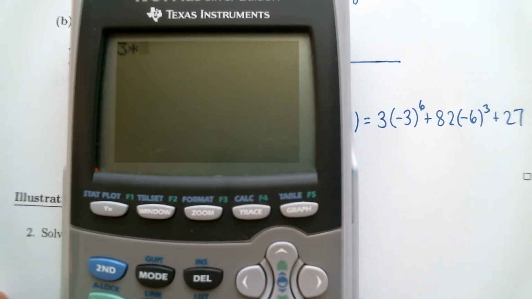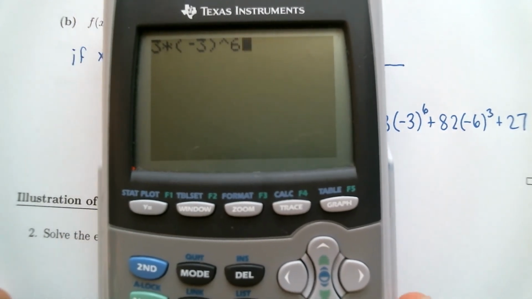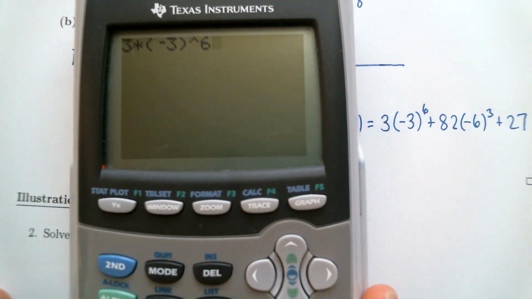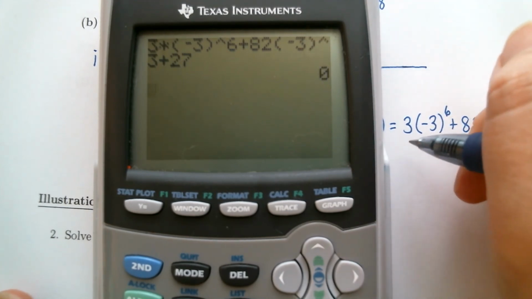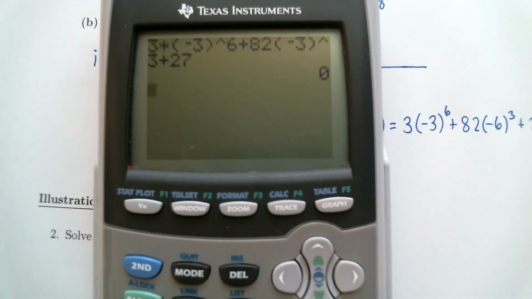Be careful here: negative 3 has to be raised to the 6th power, that entire thing, so you need the negative inside the parentheses. That's how you would plug it in. Then hit enter, and you get 0. So that tells me, yes, negative 3 is an x-intercept.